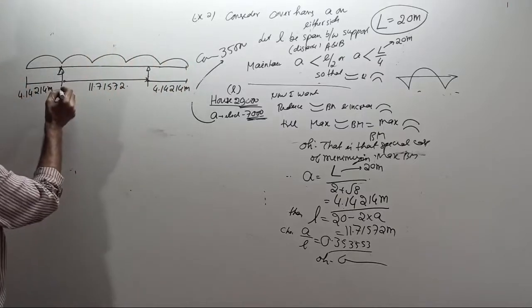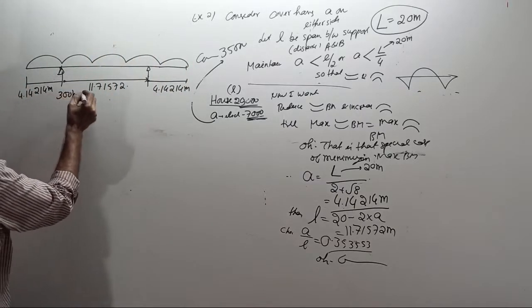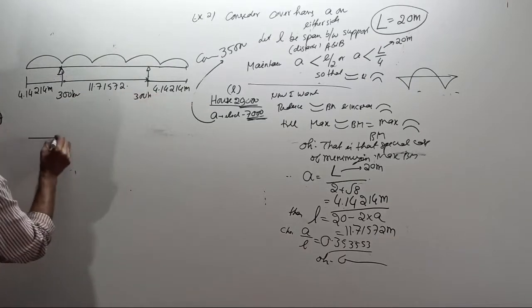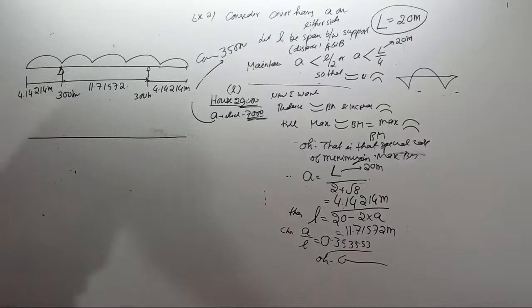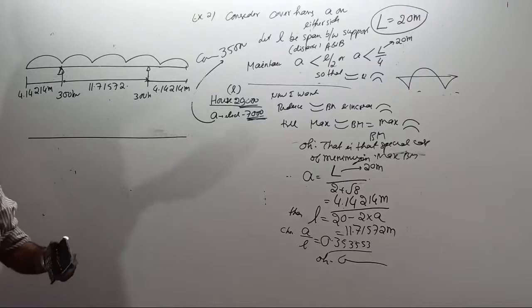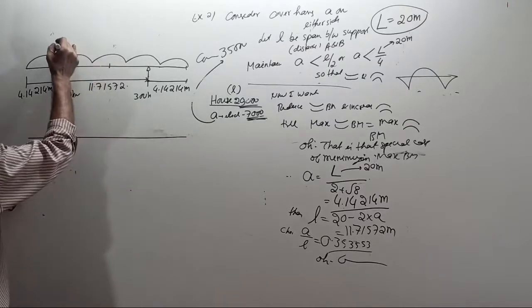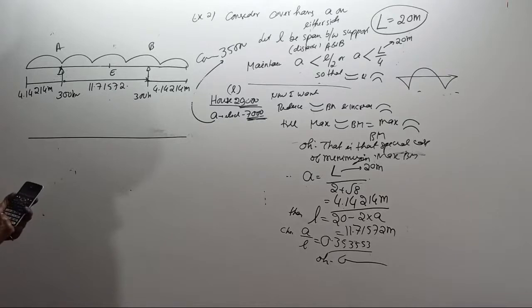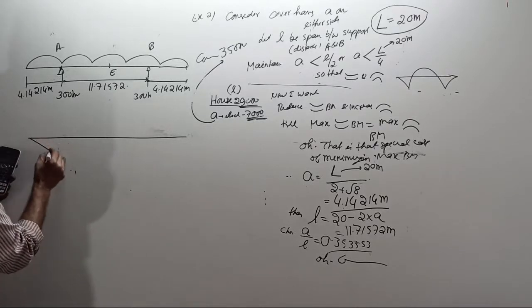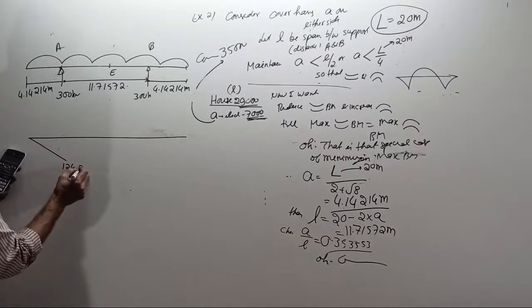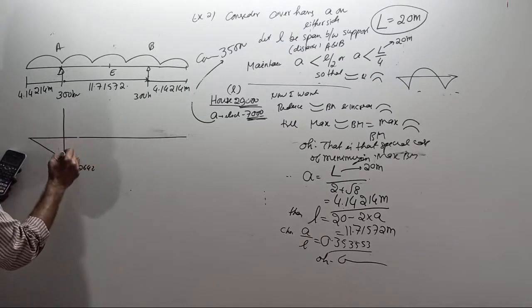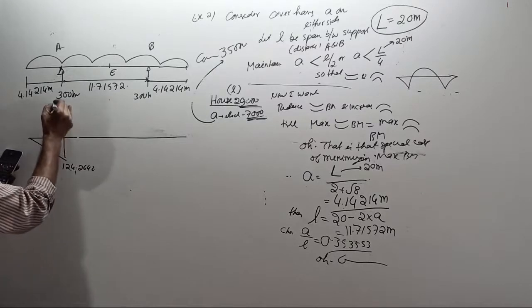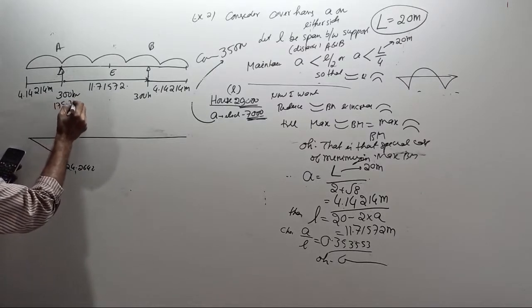UDL 30, same. Even now the reaction will be 300 kilonewton. Sorry, I am not writing 300. Now the SFD will come. If you draw the SFD now, you can try 30 into 4 and a little more. A B C D you write. I have other work to do. A B E. Okay. It will go to 124.2642, then it will jump to 175.7358.